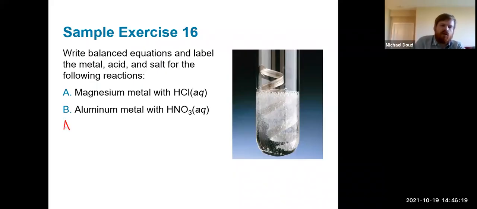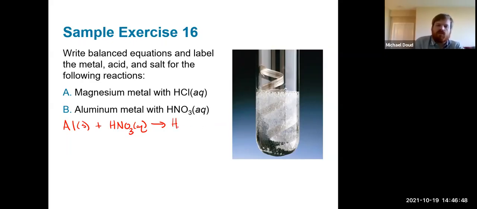So if we have aluminum metal, and we're reacting it with nitric acid, well, we can recognize that we have an element and we have a compound. So if there's a reaction that's going to take place, it would be a single displacement reaction where the element aluminum displaces the hydrogen to form a new compound, aluminum nitrate.